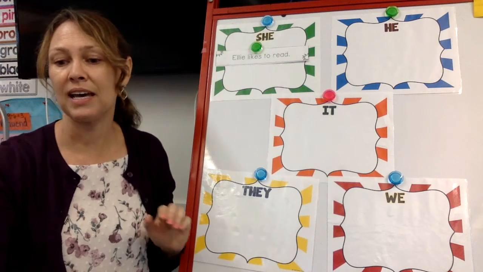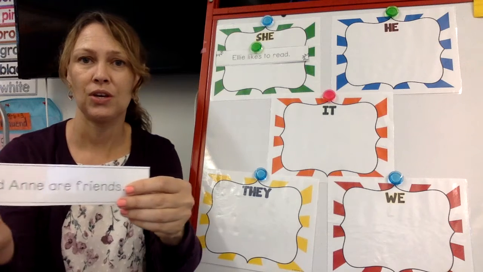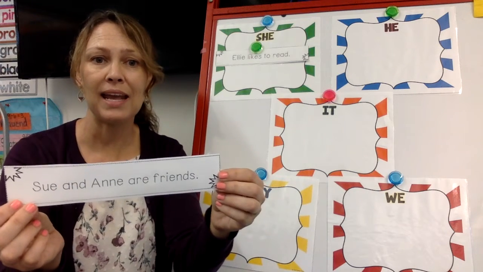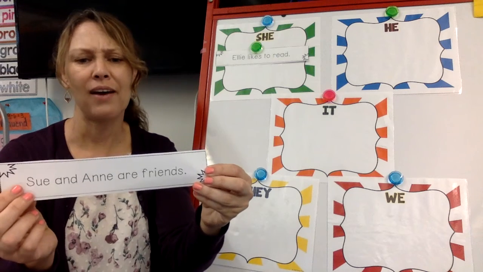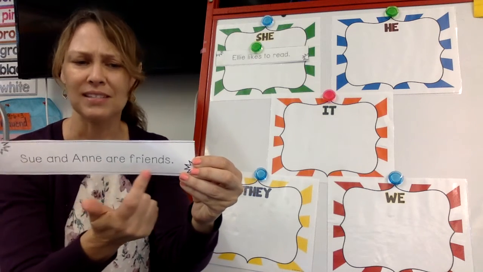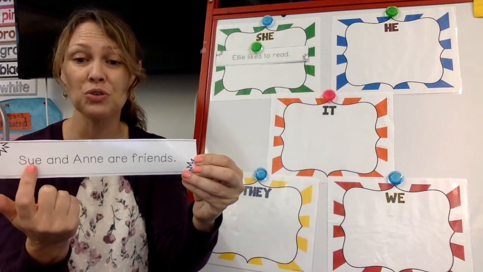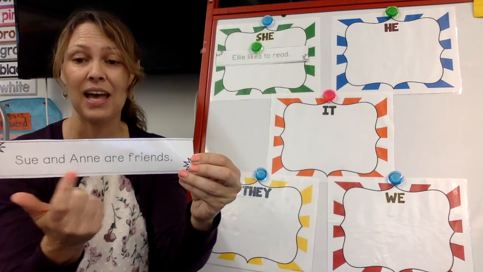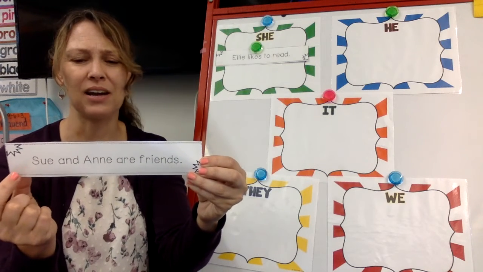The next sentence says, Sue and Anne are friends. Now, the noun in this sentence is Sue. There's two people here, so Sue and Anne. So when I want to replace that, what would make sense there?